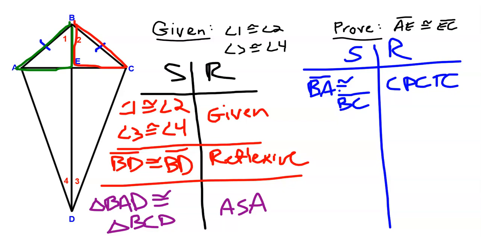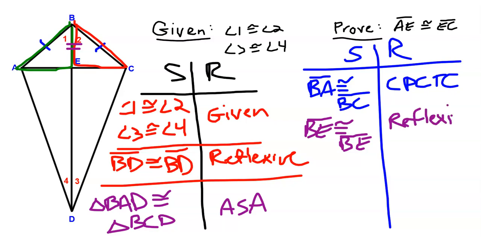Once we say it in a proof, that's it. We already know that BA and BC are congruent because they are corresponding pieces of larger congruent triangles. And now we have that same sort of shared side here with BE. We know that BE is congruent to BE because it is itself, so that's the reflexive property.